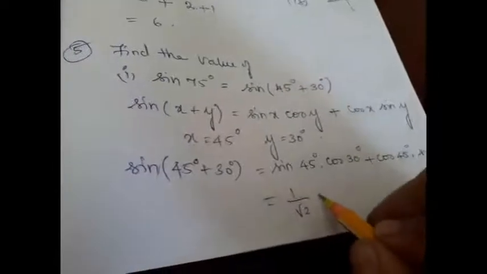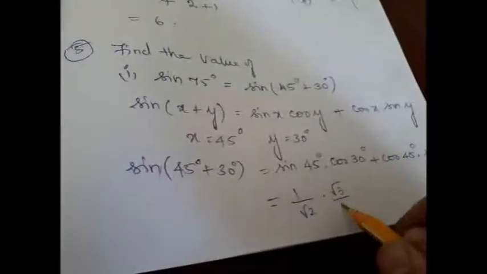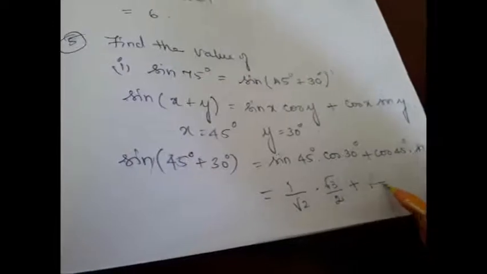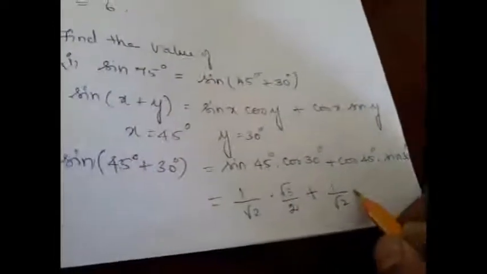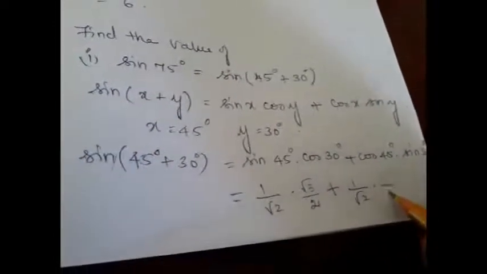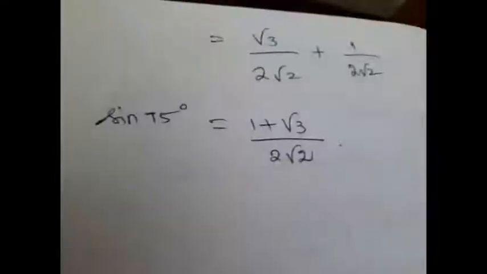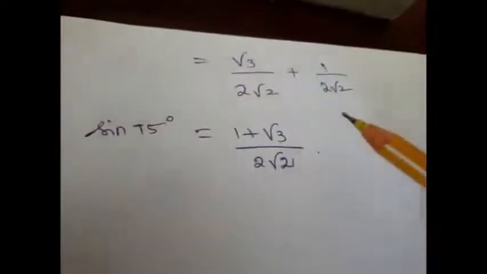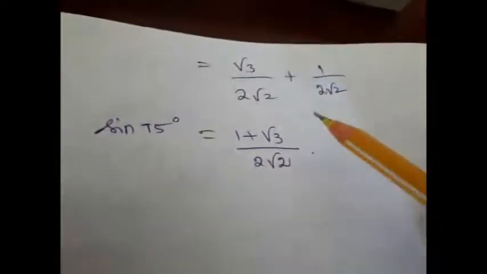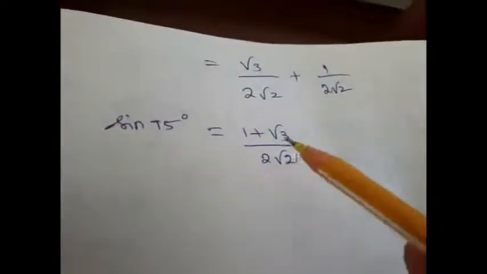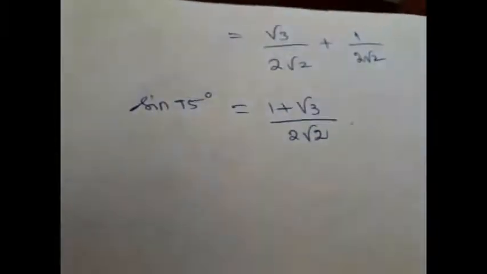Cos 30 is root 3 by 2, plus cos 45 is also 1 by root 2, into sin 30 is 1 by 2. So we got root 3 by 2 root 2 plus 1 by 2 root 2. Both have a common denominator, so add the numerators: 1 plus root 3 divided by 2 root 2. This is your sin 75.